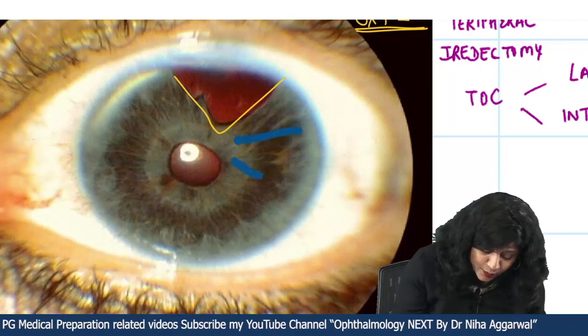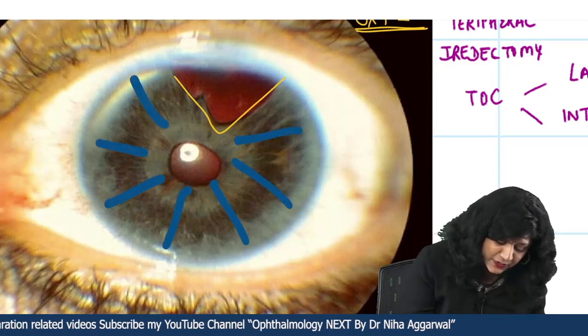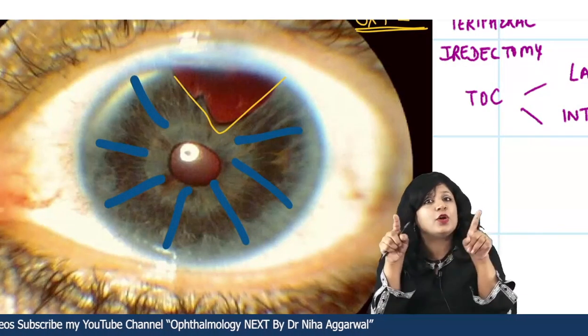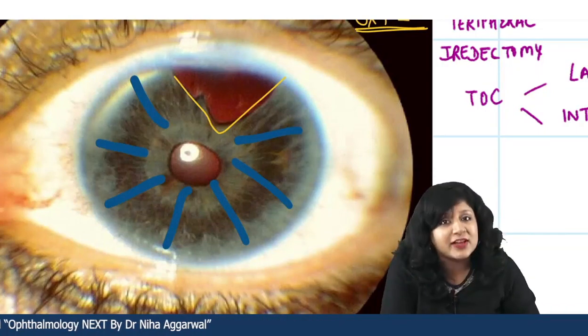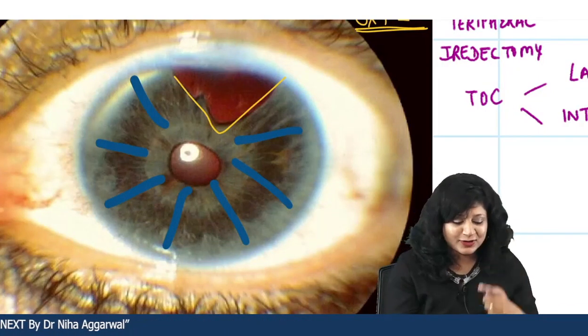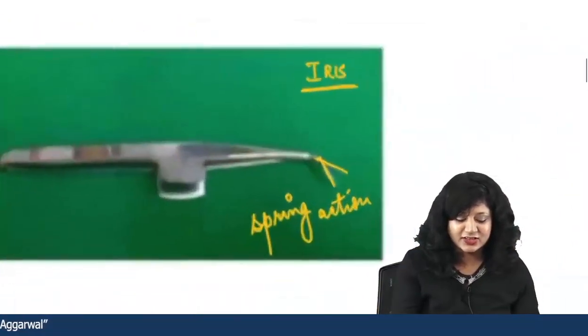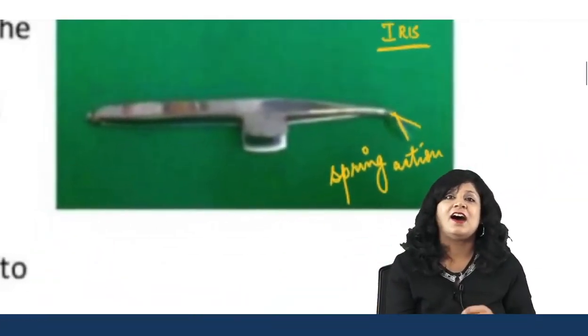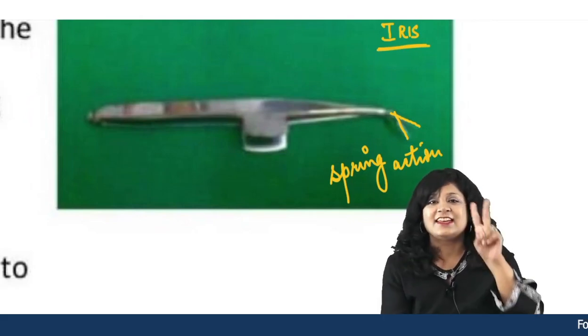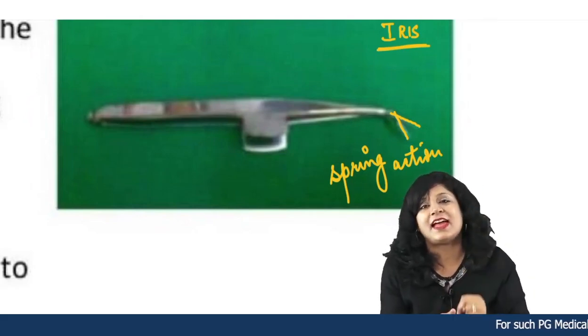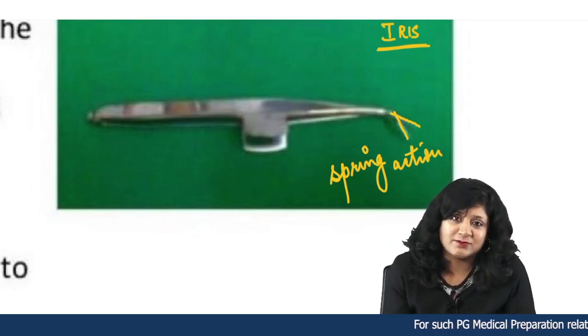So in order to respect those boundaries, we give a wedge-shaped resection, and in order to give that wedge-shaped resection, we require our instrument, that is the De Wecker's scissors, giving a V-shaped spring action to give a wedge-shaped resection.